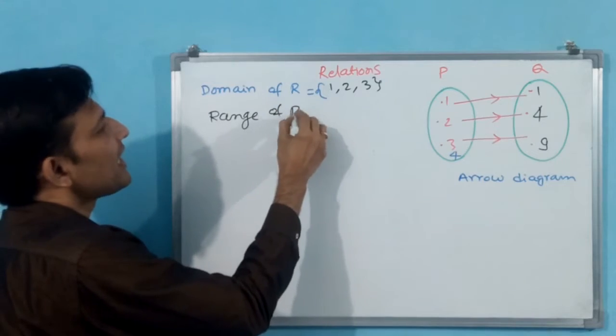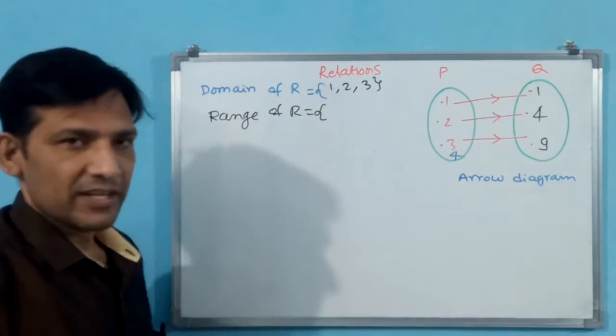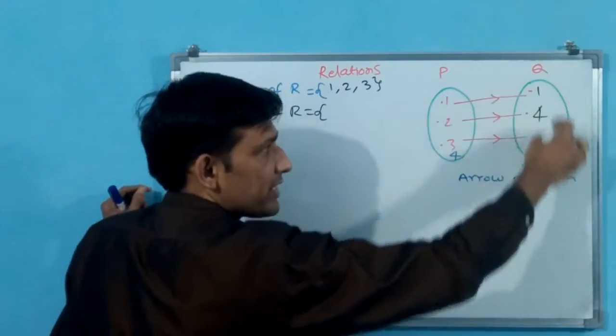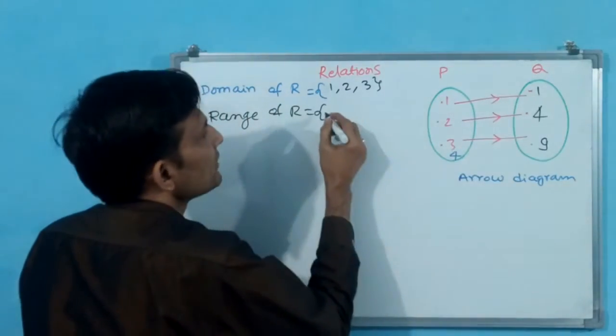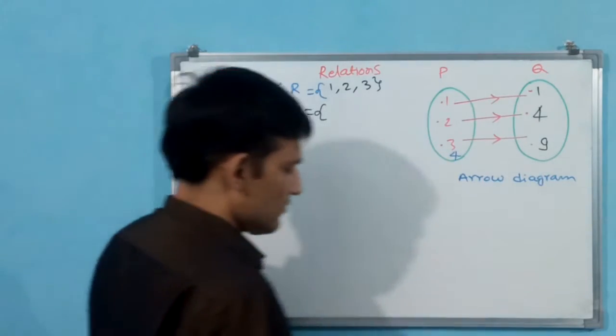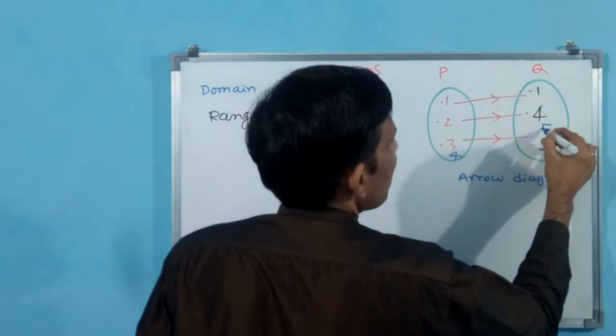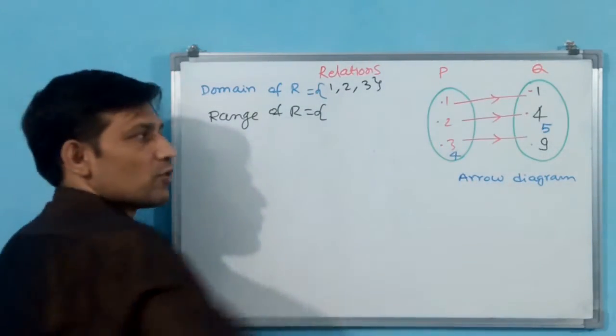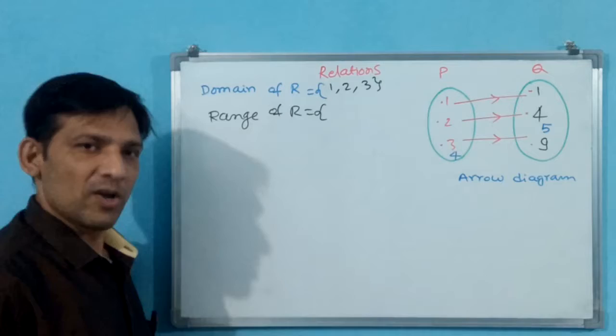Range of R. Now, just as we have taken the domain, the range can also be taken, which belongs to Q. Here, what is Q? I will write 5 here, again one element is there, 5. You understand now? But you should not take all of 1, 4, 5, 9.